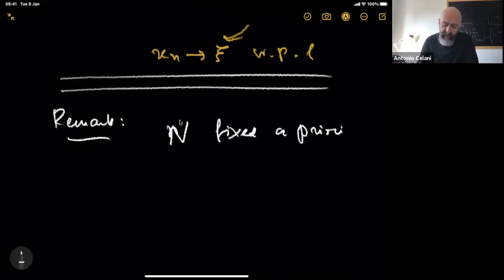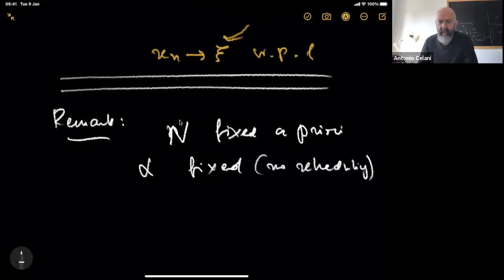And then we use alpha also fixed. So we have no scheduling here. It's clear that this is not going to have exactly the same performance as the other case, because we cannot go on forever and we cannot get it down.